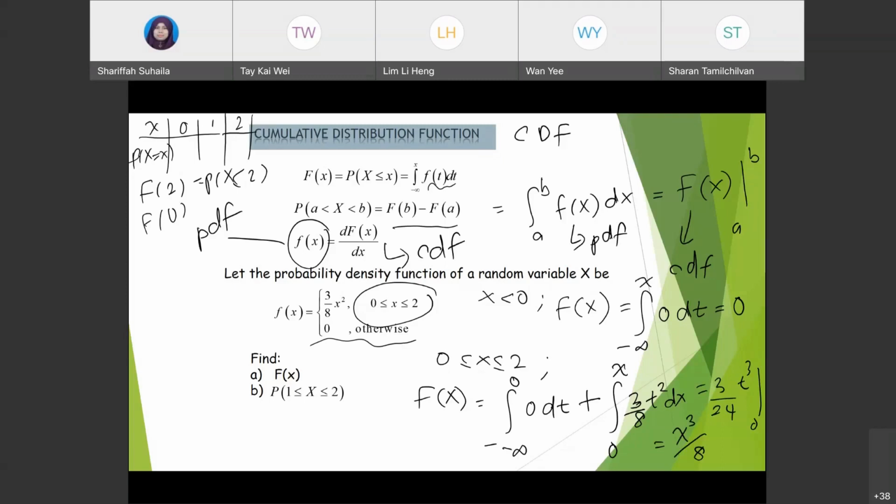From minus infinity up to 0 of 0 dt, plus from 0 up to x of 3/8 t squared, which is the value of your PDF, dt. You integrate this and you get t cubed over 8. Substituting x, that means x cubed over 8. So you have the cases x less than 0, and x between 0 and 2.